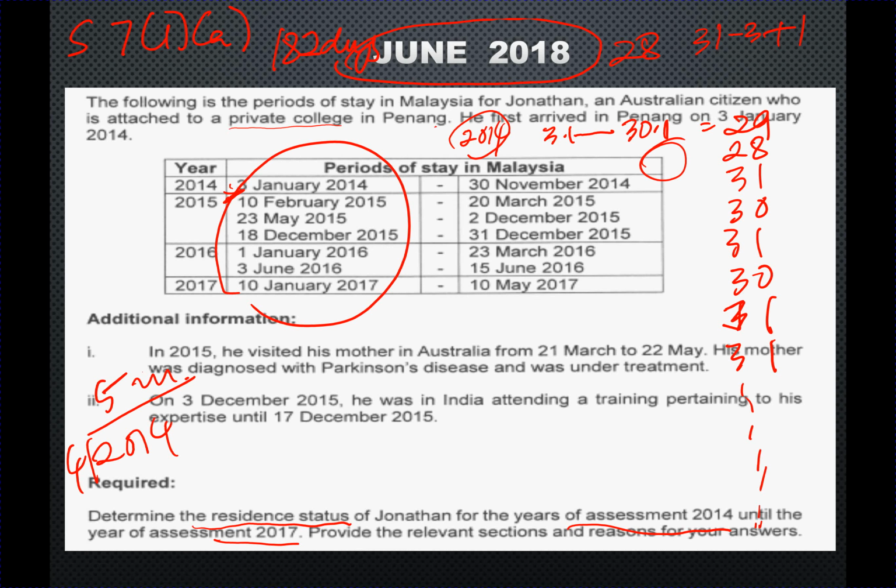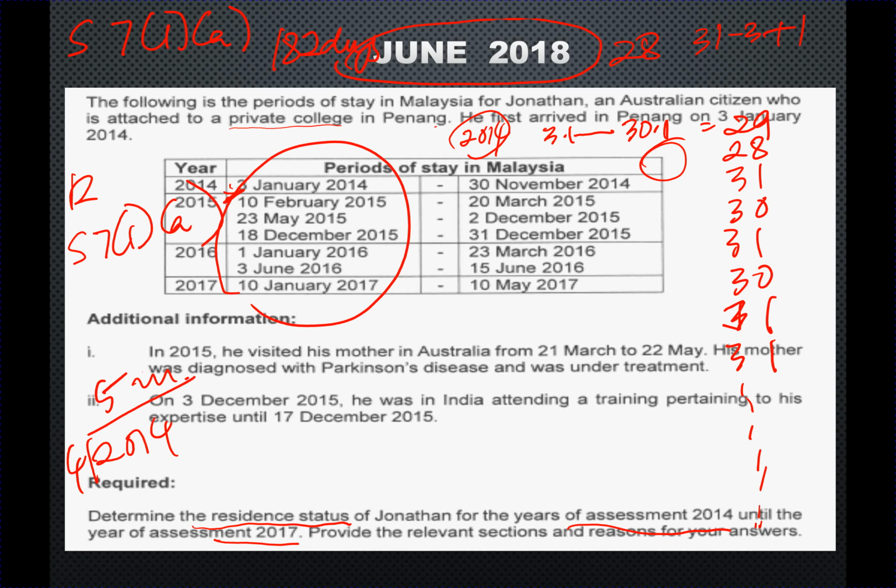Lepas tu bagi kes ni memang dia exceed, dia dapat 182 days, dia meet the criteria at least 182 hari. So YA 2014 dia resident by virtue of section 7(1)(a). Okay, because the number of stay is dia reach the minimum number of days tu. Dia stay in Malaysia for at least 182 days.